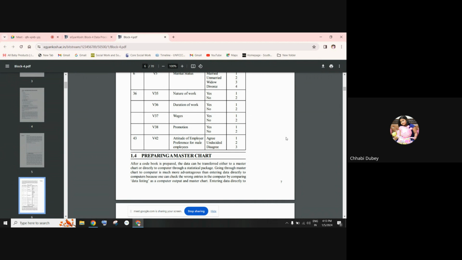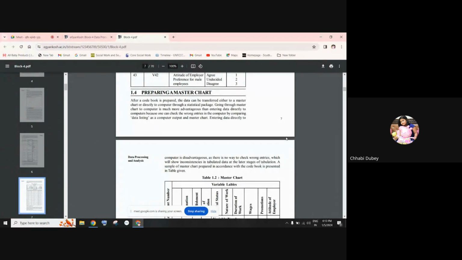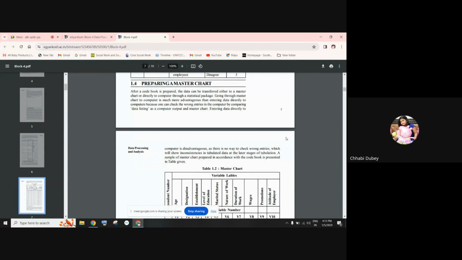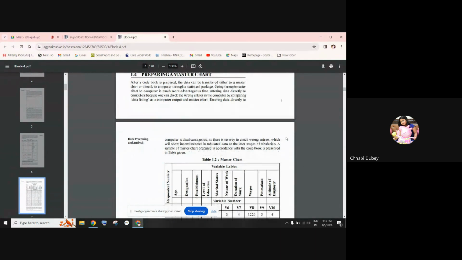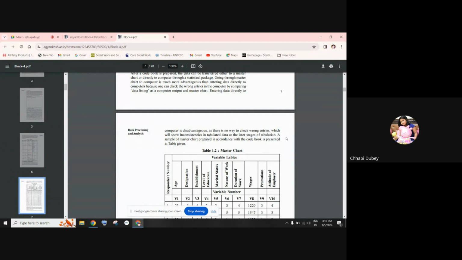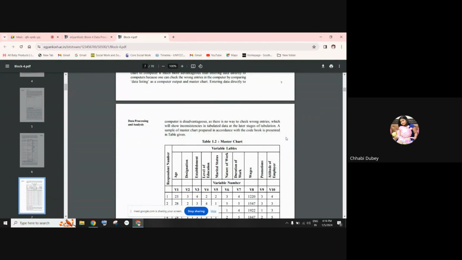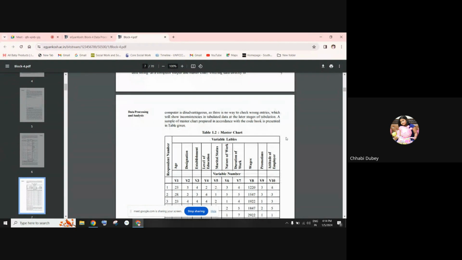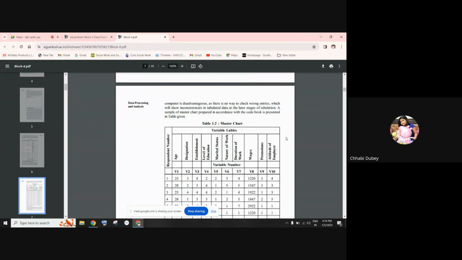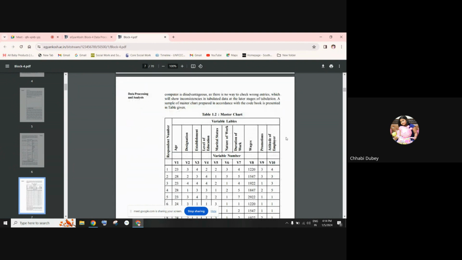Entering data directly to the computer is disadvantageous, because then you cannot check the wrong entries. And once they are entered wrongly, they are bound to give you certain kinds of inconsistencies in the later stages of tabulation, which becomes rather difficult.